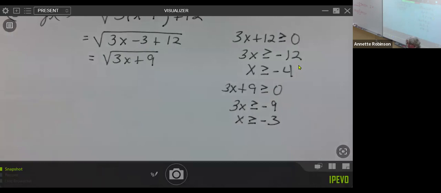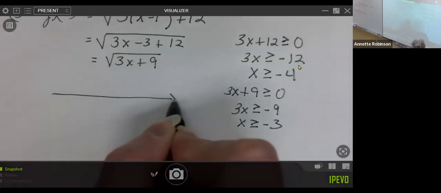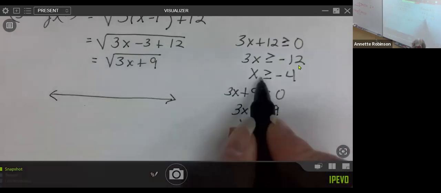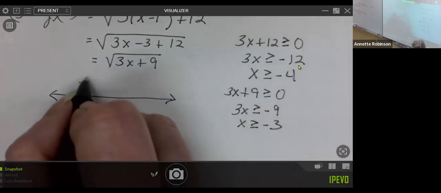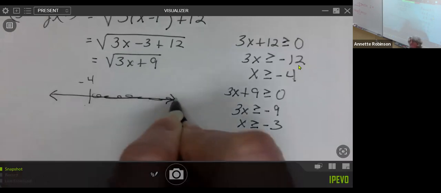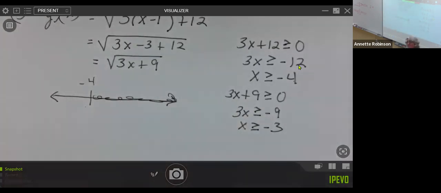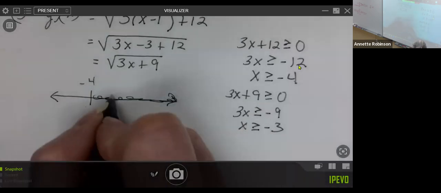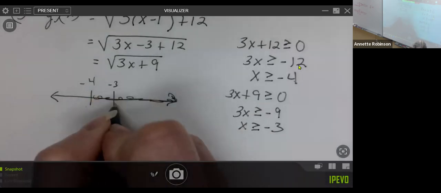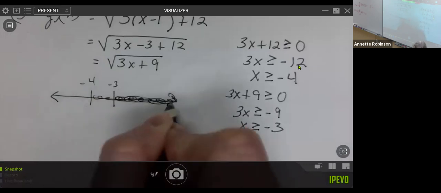Okay, now let's think about this. Number line. You said I had to use numbers greater than negative 4. Number line. You say I have to use numbers that are greater than negative 3, and I said union, and I didn't mean union, I mean intersect.